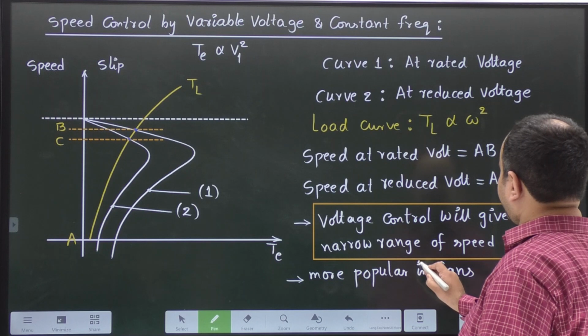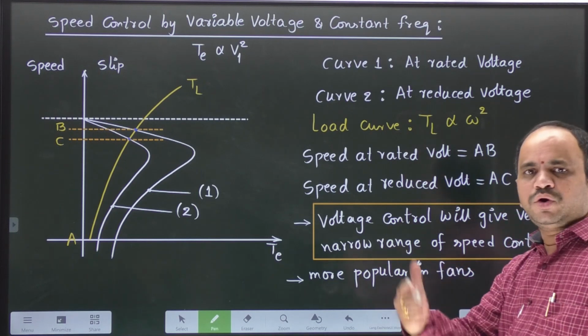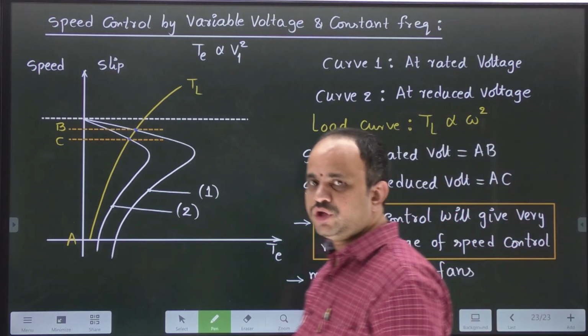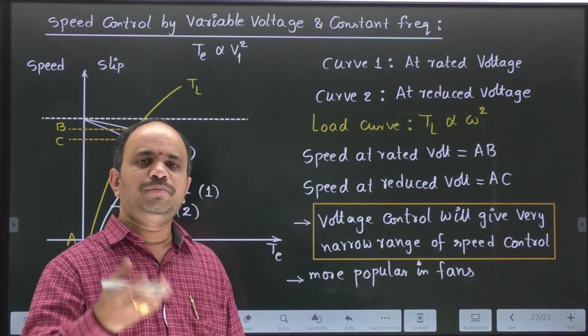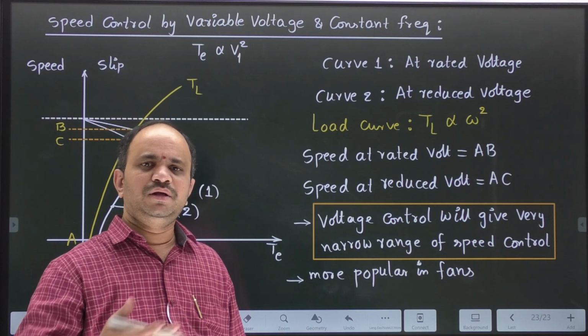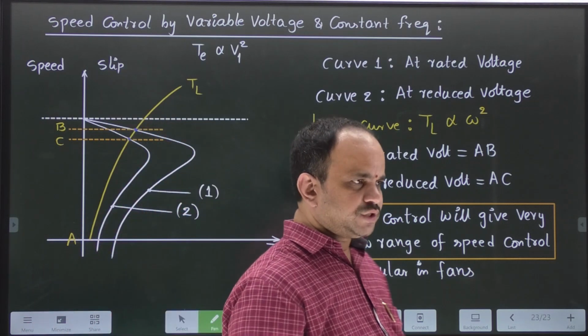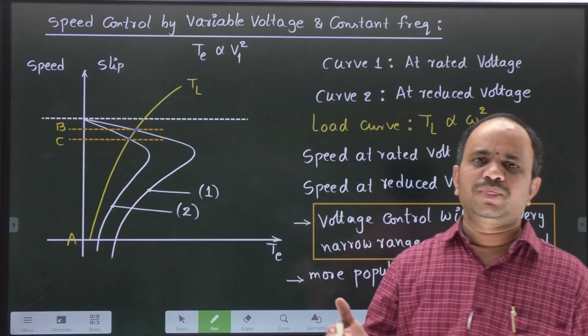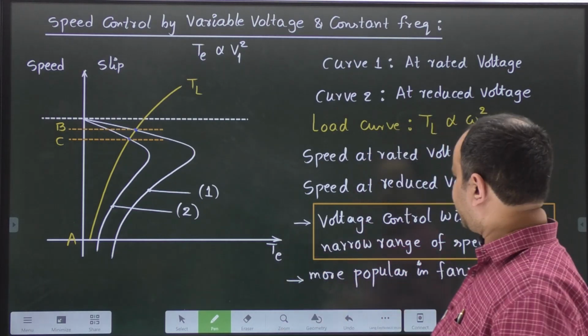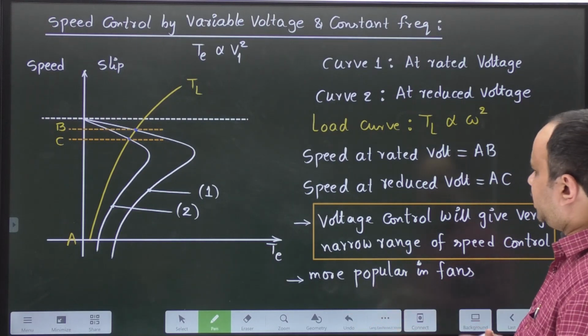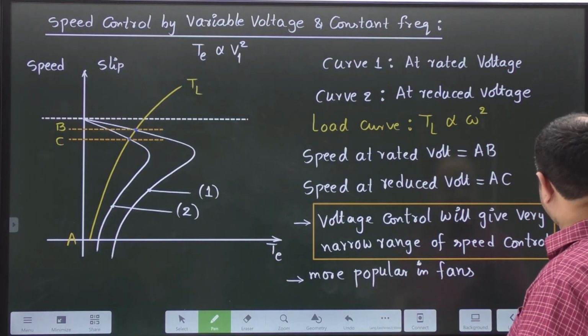This is the basic reason in our household applications, when we are using fans, we will use an AC voltage regulator. What is the purpose of an AC voltage regulator? If you recollect our previous lectures, an AC voltage regulator will give variable voltage at constant frequency. So it is more popular in fan type of applications.